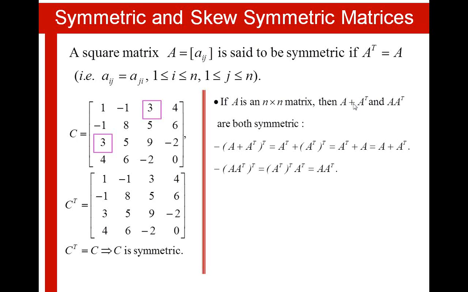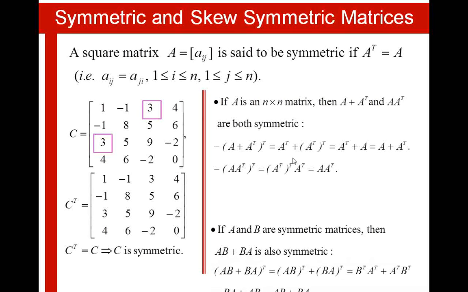So it satisfies this condition. The second one, A times A transpose, transpose, is equal to A transpose transpose times A transpose, which is A times A transpose, which means that these two are symmetric.